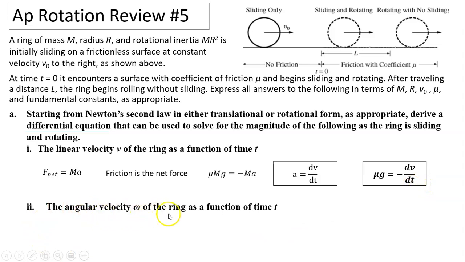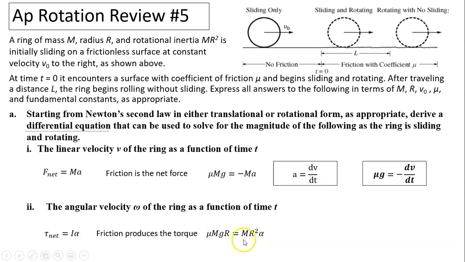Next one, the angular velocity omega. Again, starting from Newton's law, we use the rotational form because we have to find angular velocity. So net torque equals I alpha. What force is producing the torque? It is the friction force. Torque is Fr, so you have mu mg times r equals I, which is mr squared, times alpha.